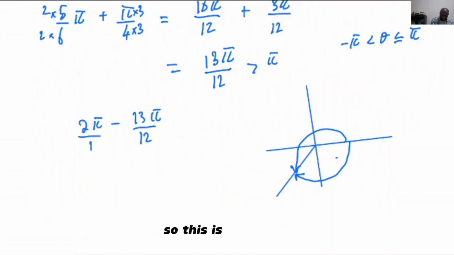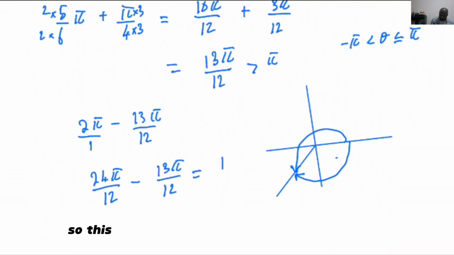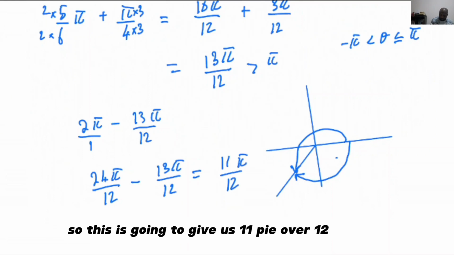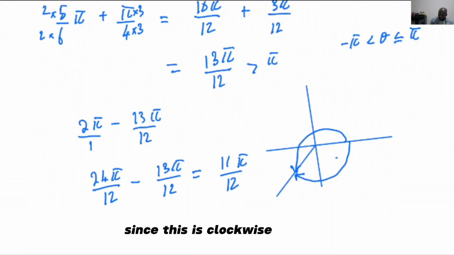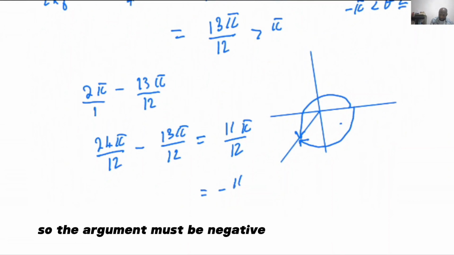Multiplying 2 pi by 12, we have 24 pi over 12 minus 13 pi over 12. So this is going to give us 11 pi over 12. Since this is clockwise, it has to be negative. So the argument must be negative 11 over 12 pi.